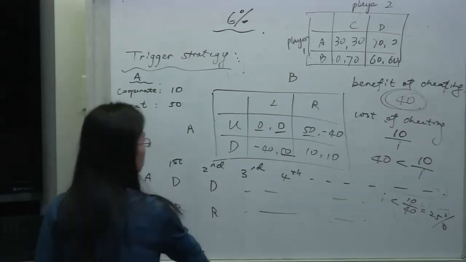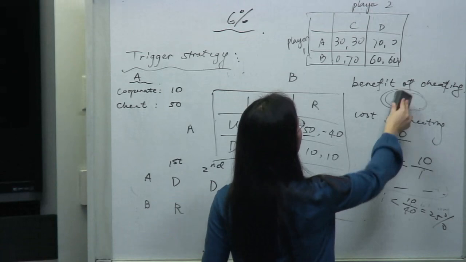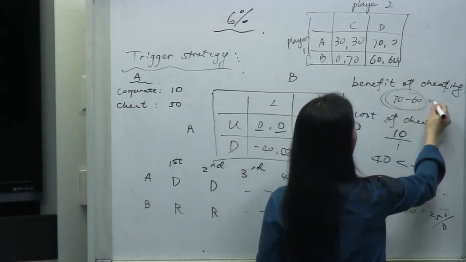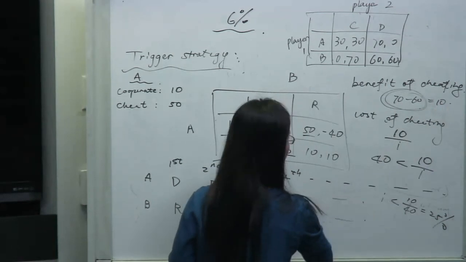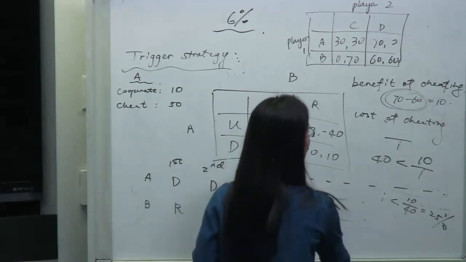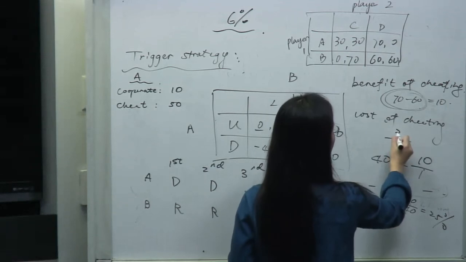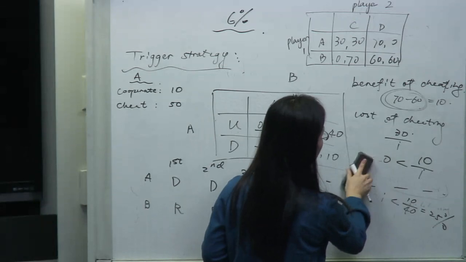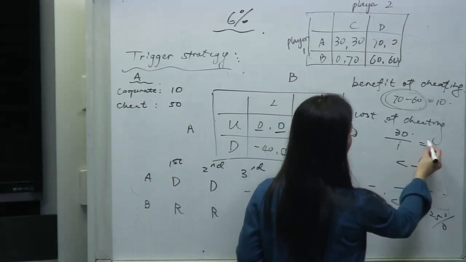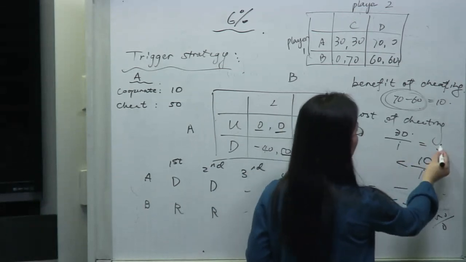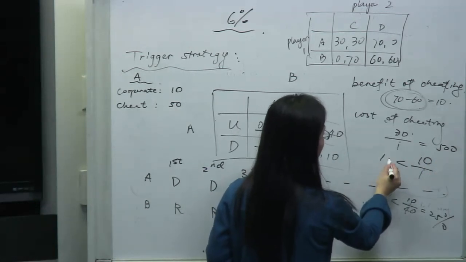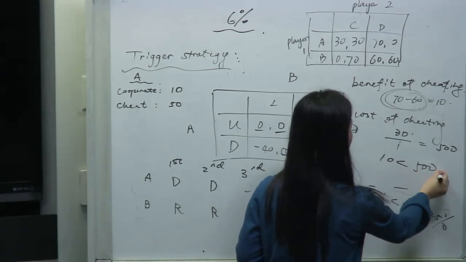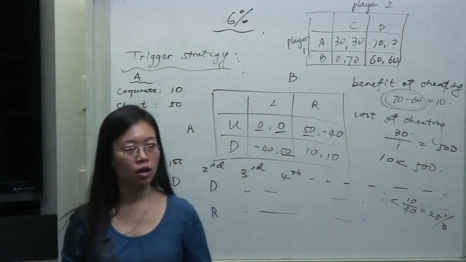You divide by the percentage, because it's a percentage. So this will be 30 divided by 6. So you will be here forever.